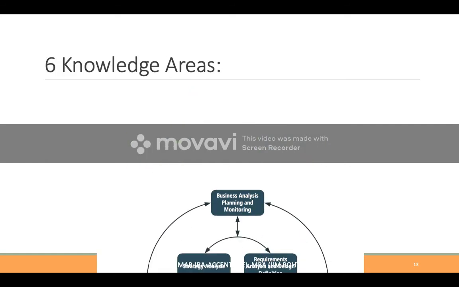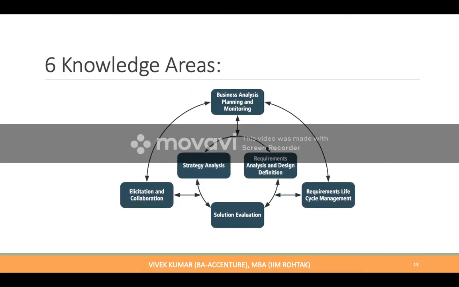Moving ahead, we have 6 knowledge areas of a business analyst. Now, these knowledge areas are basically the areas where a business analyst performs their work, or a business analyst needs to work on all these 6 areas in order to complete their task.